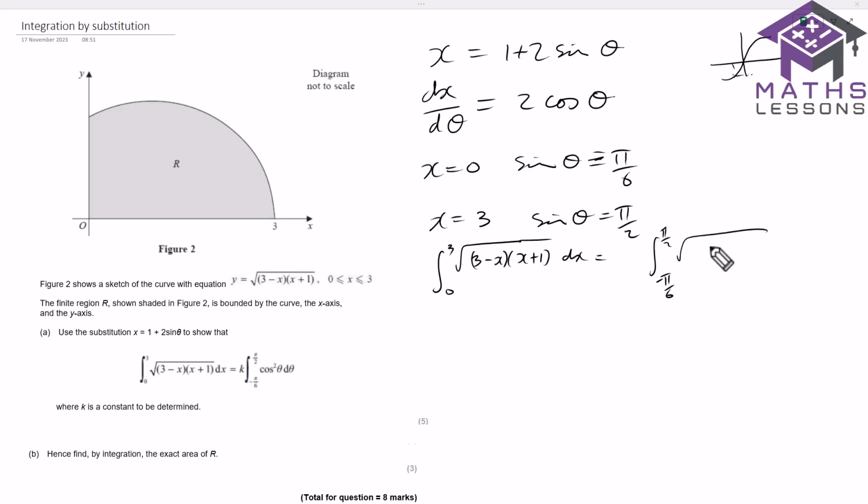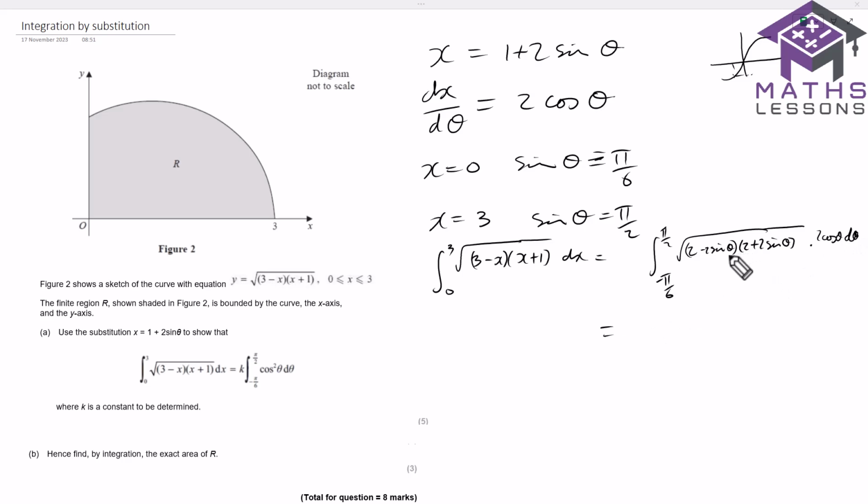And then we've got the square root of 2 minus 2 sine theta, open brackets 2 plus 2 sine theta. And then we're going to put the substitution in. Now dx will equal 2 cos theta d theta if you multiply by d theta. So we replace the dx with 2 cos theta d theta.